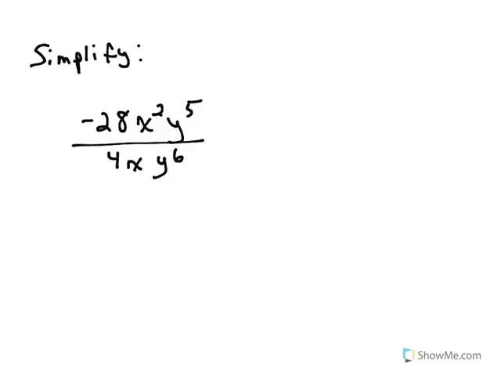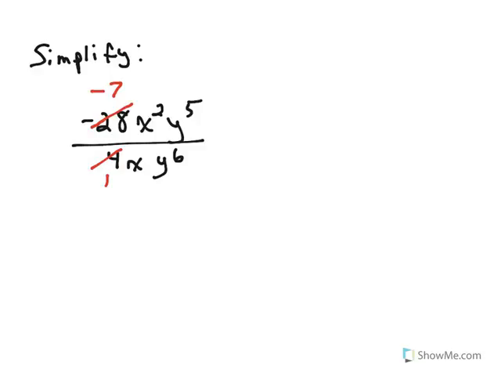Simplify negative 28x squared y to the 5th over 4xy to the 6th. To simplify rational expressions, we're really reducing. So we're going to reduce the negative 28 and the 4. 4 goes into itself once and into negative 28 negative 7 times.